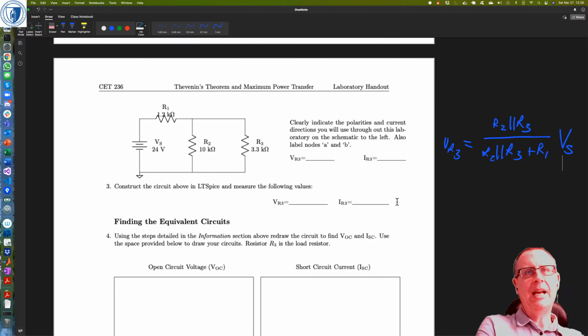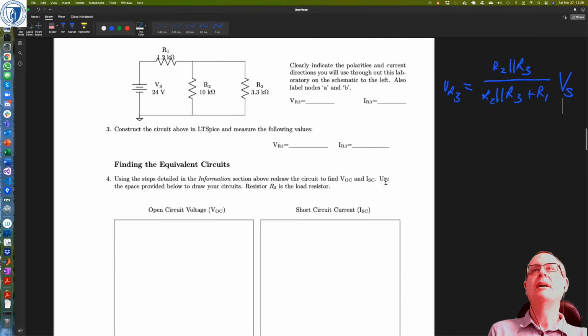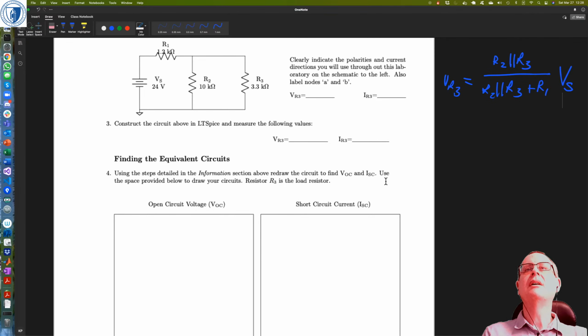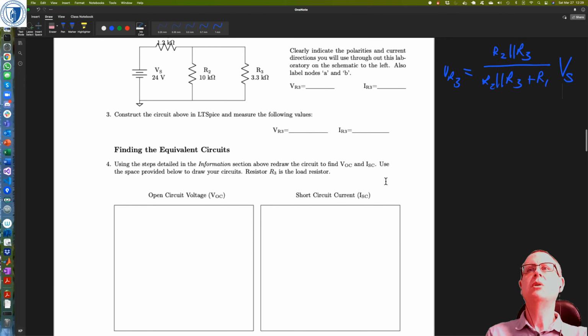And then the aim is to validate that by doing the same thing again in LT Spice. And then we're going to use R3 as the load resistance. So we want to draw how we get the open circuit voltage.